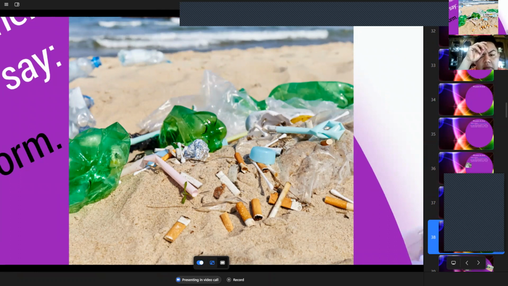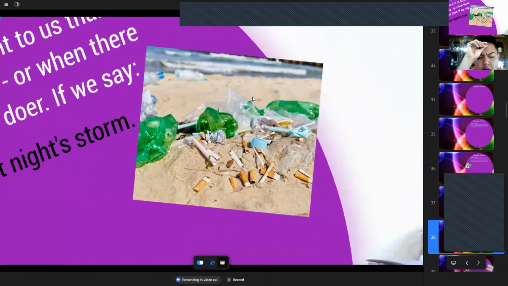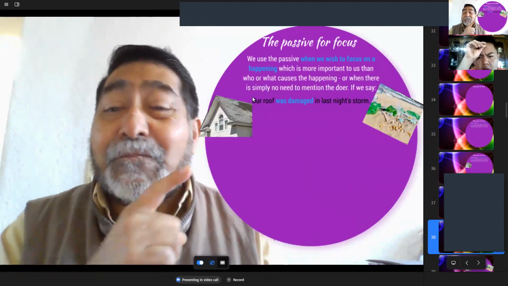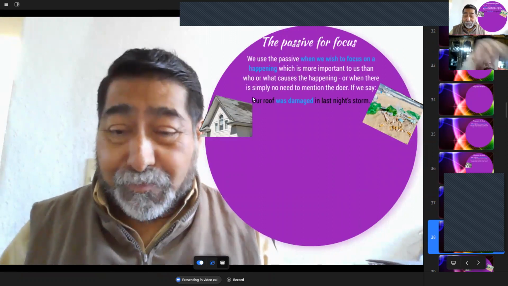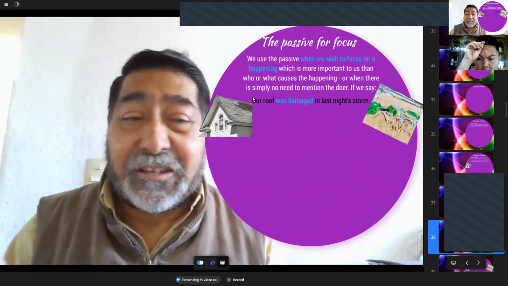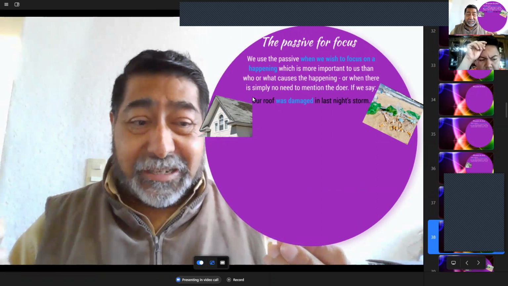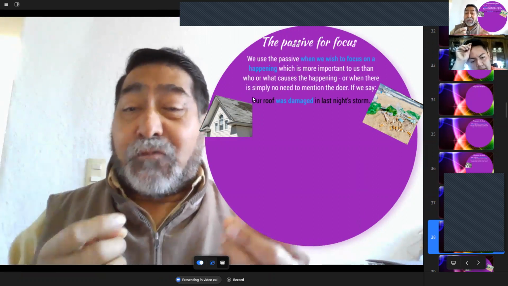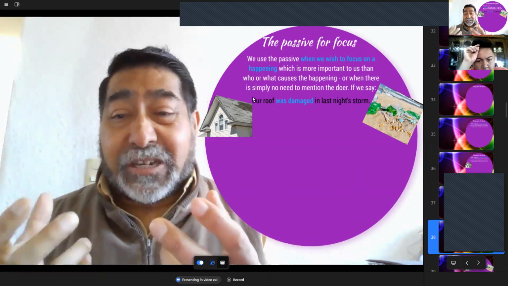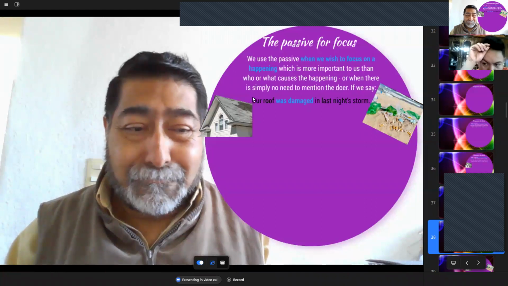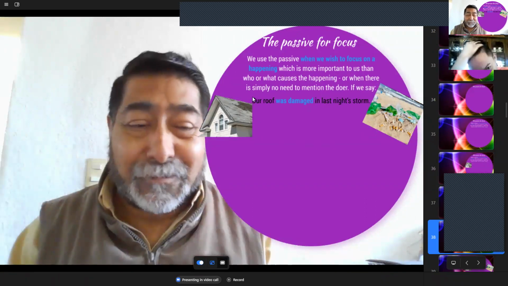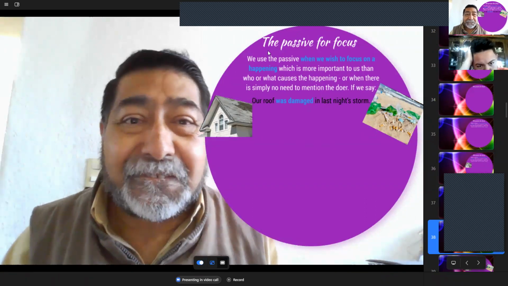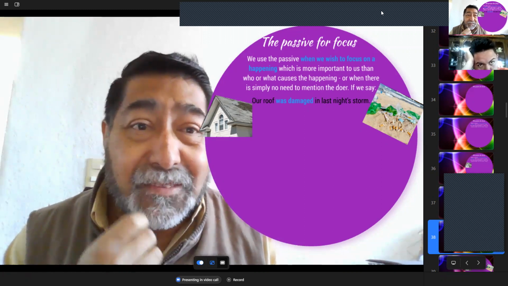Garbage on the beach. Very good. So we say people throw garbage on the beach. Well, if we pay attention, what is the subject? What is the subject, Salvador? Beach.